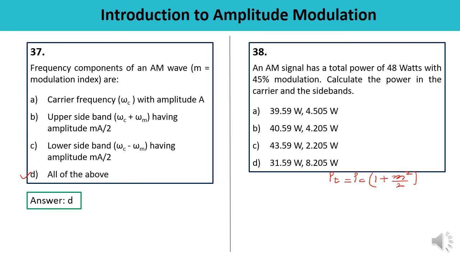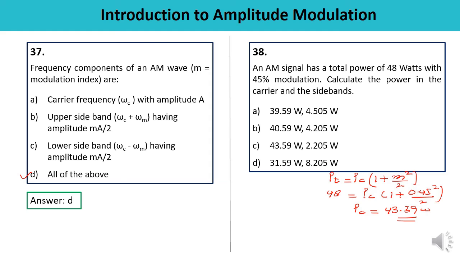Total power is given as 48 watt. You have to calculate Pc. Modulation index is given as 45%. So 0.45 square upon 2. From here you calculate Pc, which is equal to 43.59 watt. So this is the carrier power.